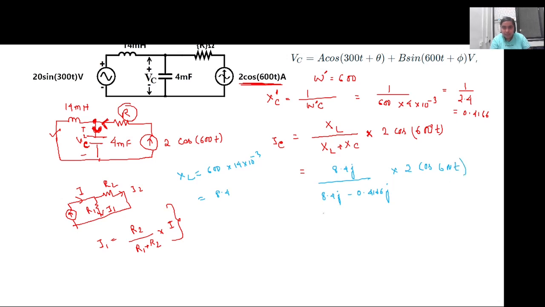Similarly, I am cancelling the J here too. Please note 8.4 by 8.4 minus 0.4166, so somewhat 7.9834 into 2 cos of 600t.